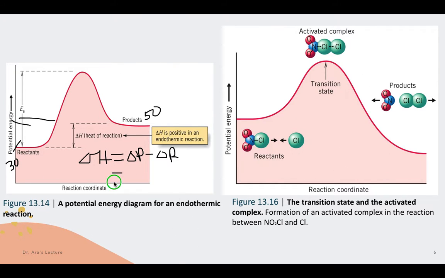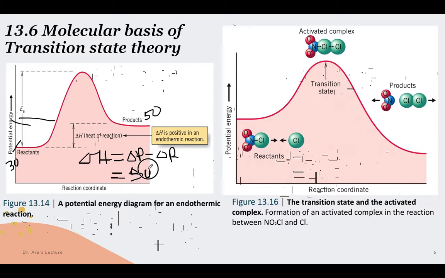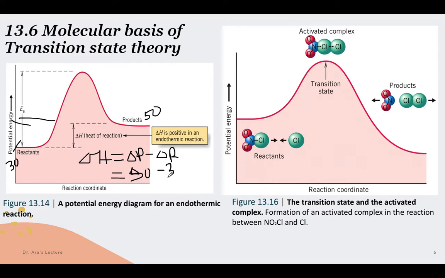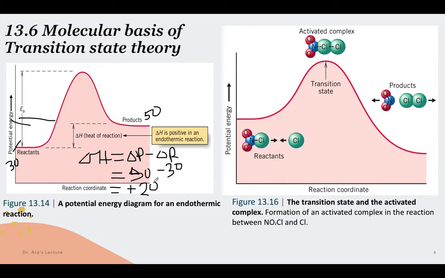So what will come? Then 50 minus 30, so you will see that del H will be positive 20. So this is how we can calculate the energy.